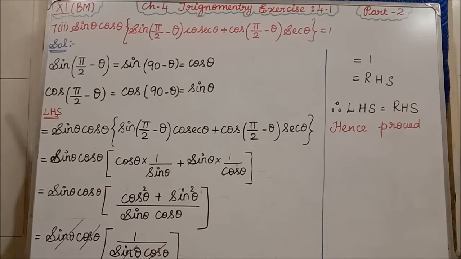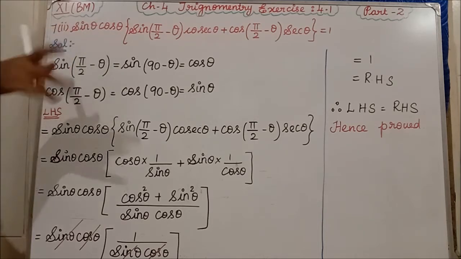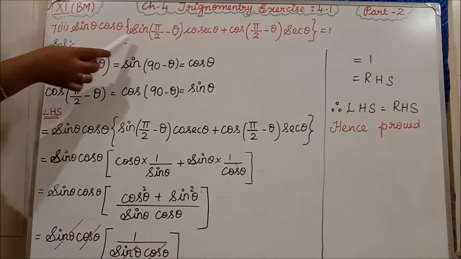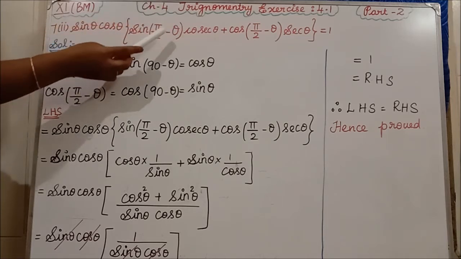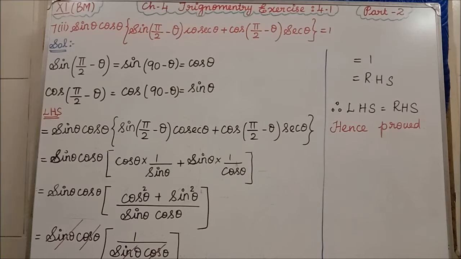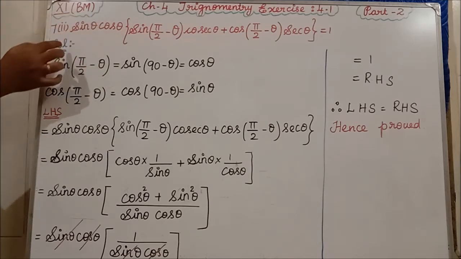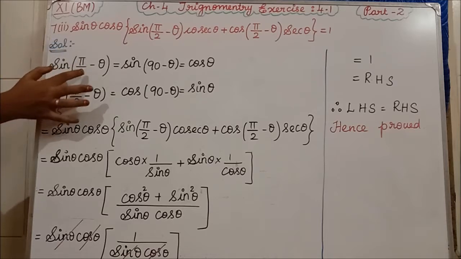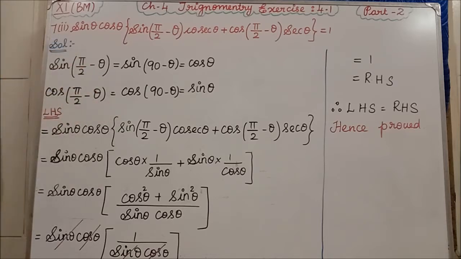Clear? First, sin theta cos theta I am going to keep as such. First I am going to find the value of sin(pi/2 minus theta). See, I am going to start the solution. Previously I told you pi means 180 degrees.